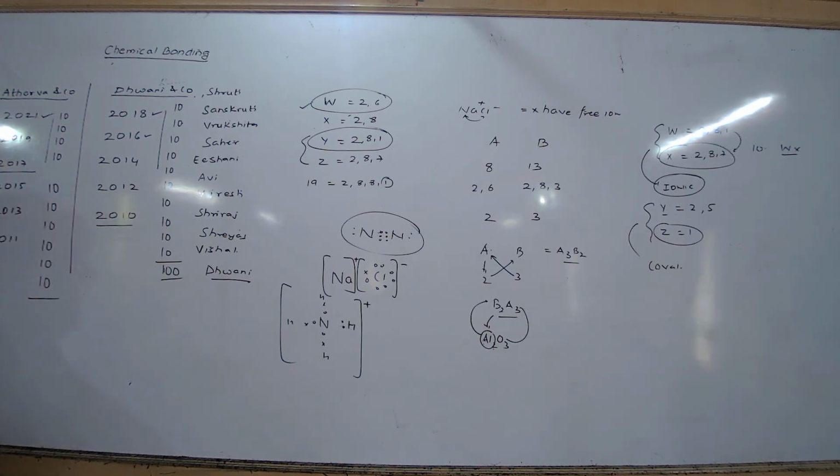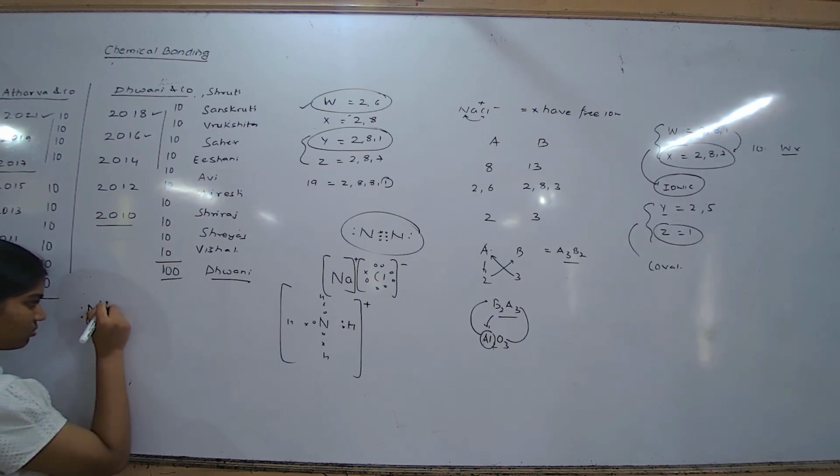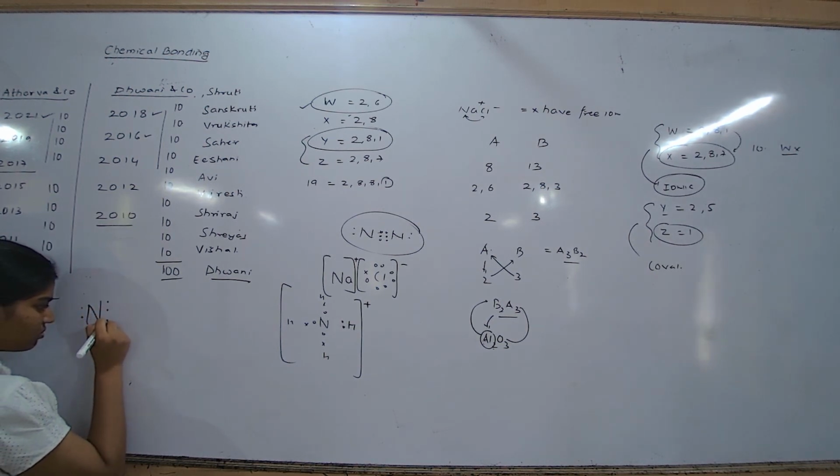This number is lined up over here. Draw the electron dot structure. Dot structure of nitrogen. Come here and draw the structure. This is a jackpot question where directly she will get 60 points. She is drawing the structure.